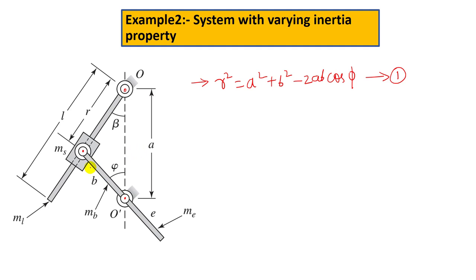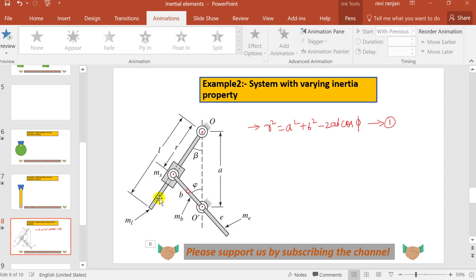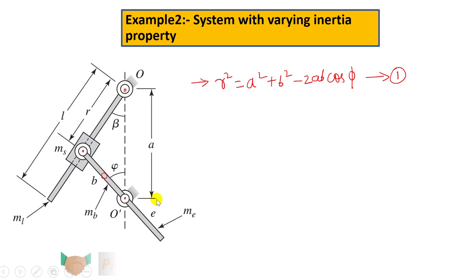Similarly, if we derive a relationship between the CG of this block and also the CG of this block, then r_b square will be equal to (b by 2) square plus a square minus ab cos phi.